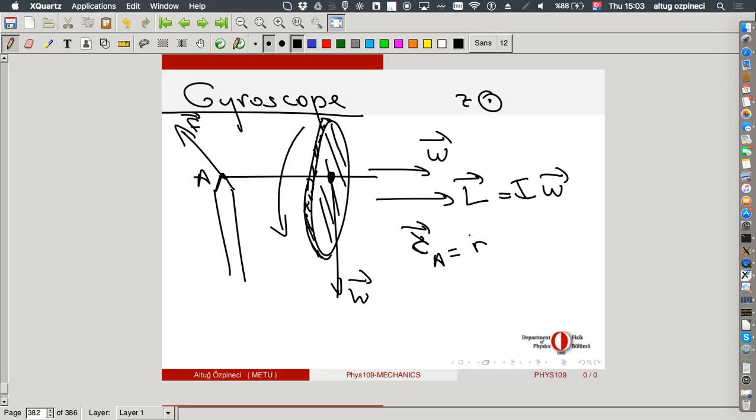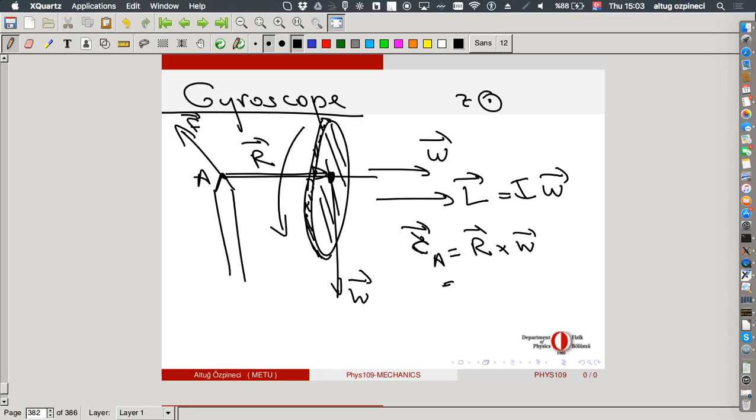It's the weight, or let's say this is our r vector, r cross w. First of all, what is the direction? Okay, this is r, this is w. Just imagine r is rotating towards w. It's into the screen.